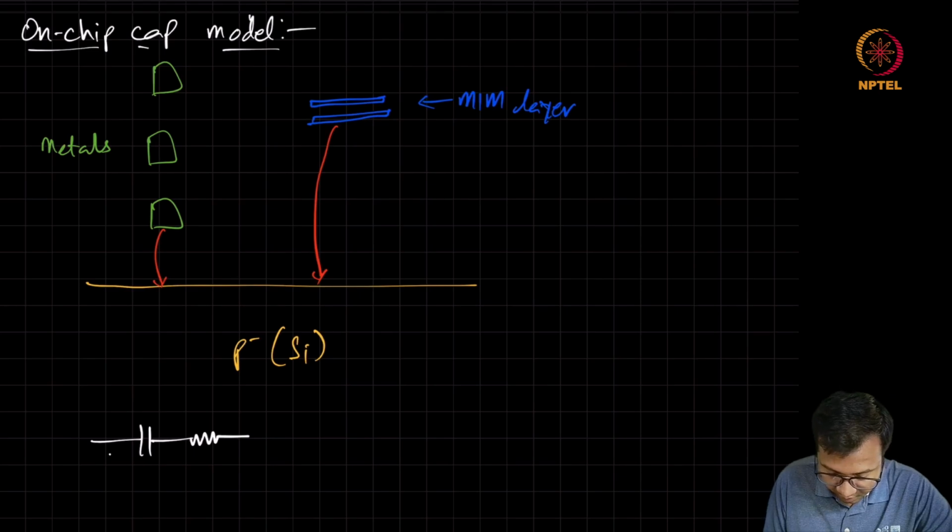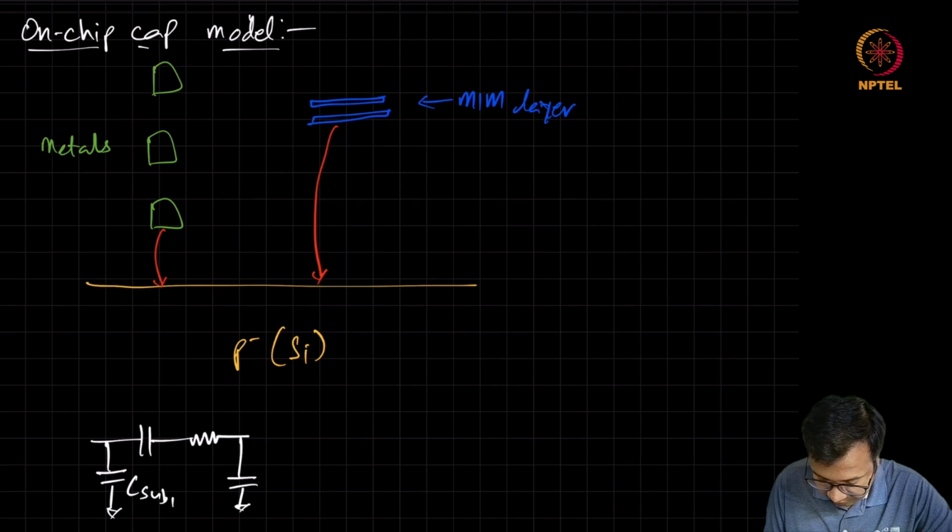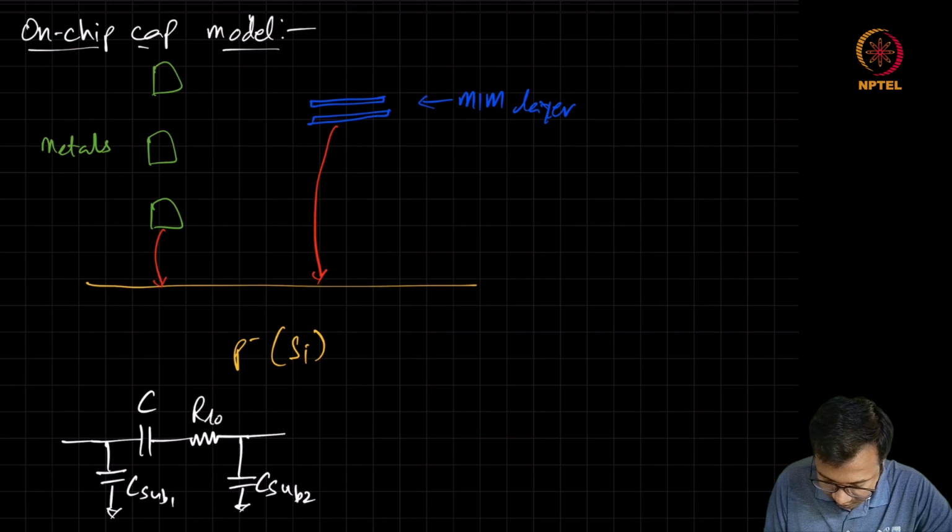In addition to that, there will be this coupling to the substrate. Let's call it C. Then you have this capacitance and then some loss.